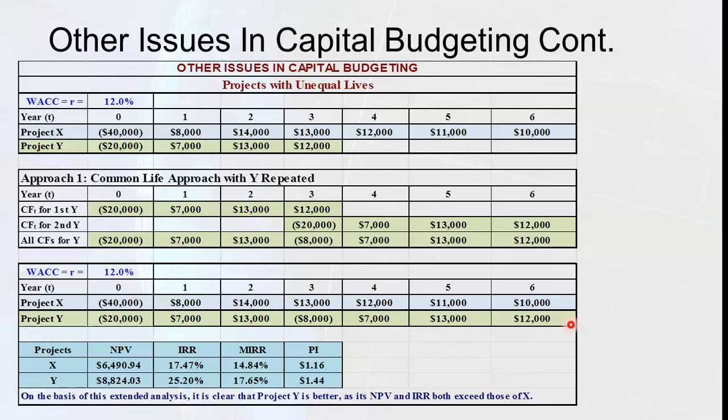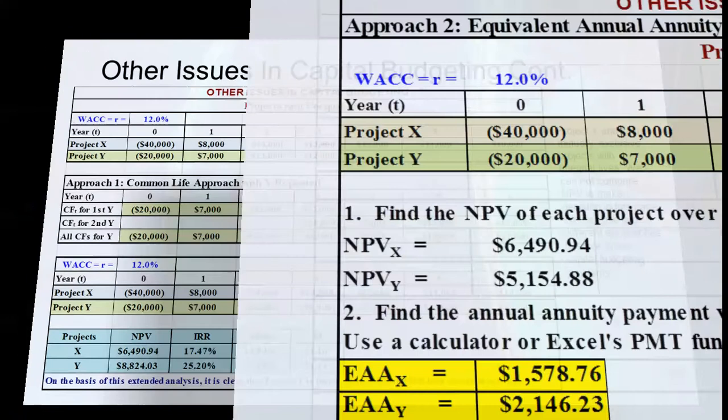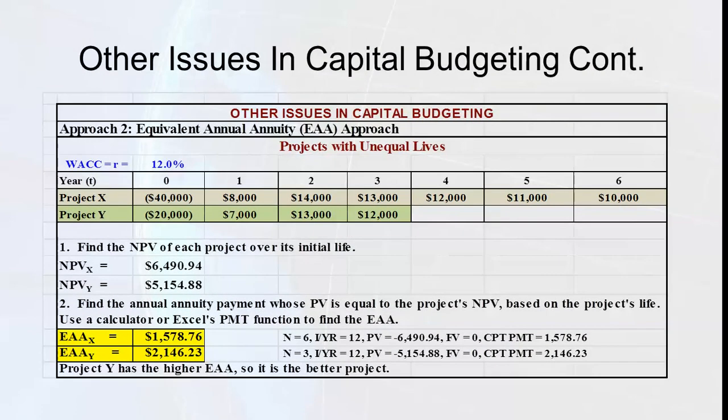Extend the life of the projects to make them similar, and find the NPV or IRR or whatever capital budgeting technique you are using. The second approach is to find the equivalent annual annuity.